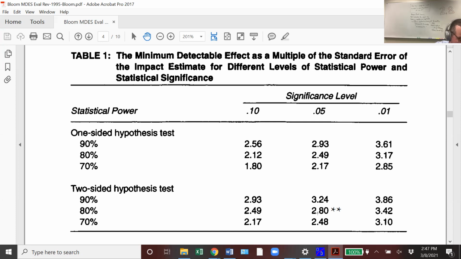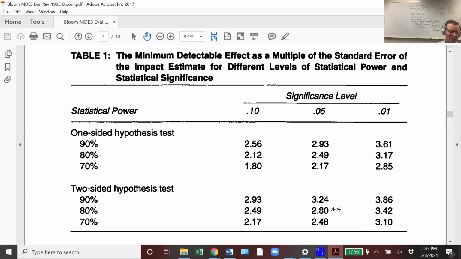And if Bloom is right, and the multiplication factor is 2.8, then we should be able to take a 0.2 standard deviation effect size, divide it by 2.8, and get the standard error that's coming out of Fragile Families, right?